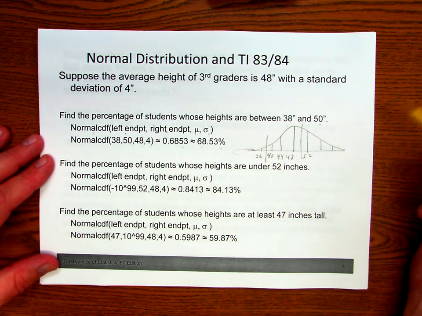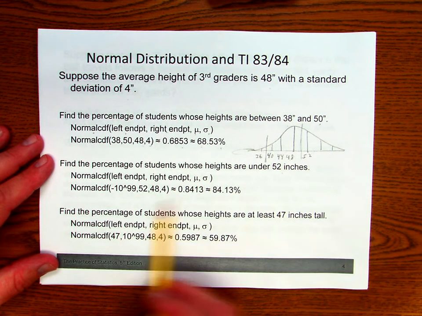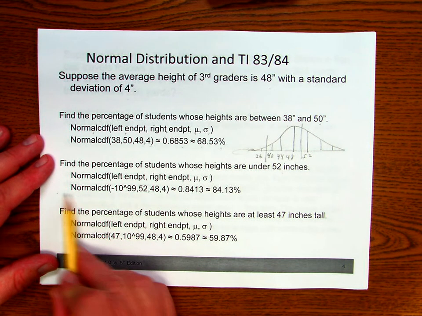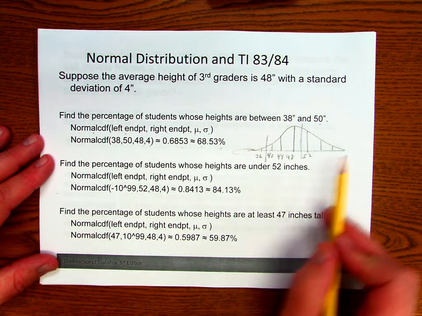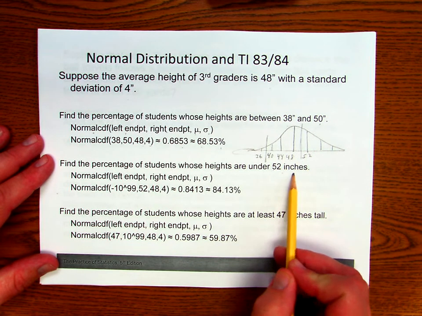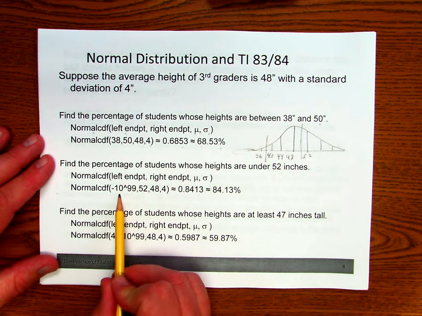So what you need to do is put in an arbitrarily large negative number, so to speak, in a negative direction, or an arbitrarily large positive number if you're looking on the other end. So less than 52 inches, you're going to put a negative 10 to the 99th, or negative 1,000, or some large enough number in a negative direction.